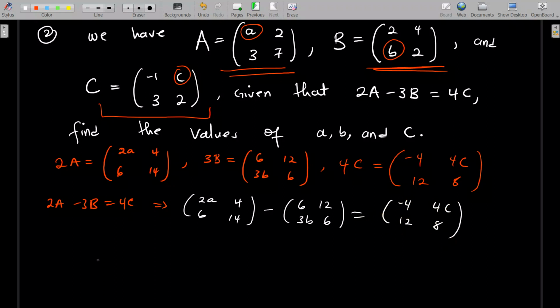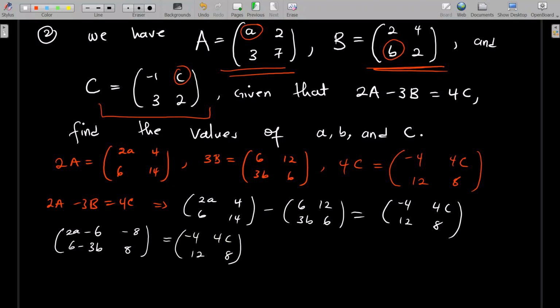Now, if you combine the matrices on the left side, you're going to have 2a minus 6. Then on the other side, I have 4 minus 12, that is negative 8. 6 minus 3b is what I have there. And then the other entry is 14 minus 6, which is 8. And this is equal to negative 4, 4c, 12, and then 8.